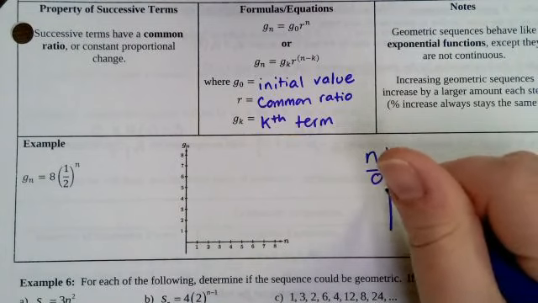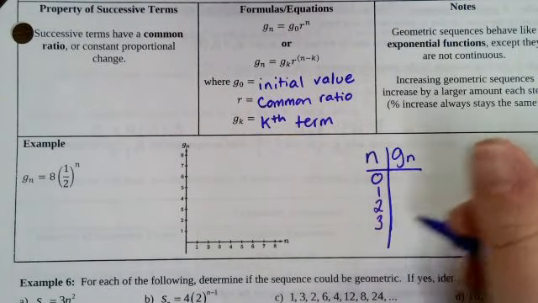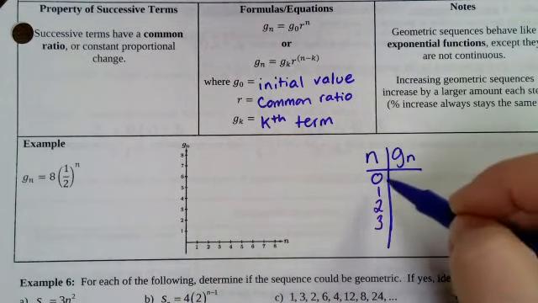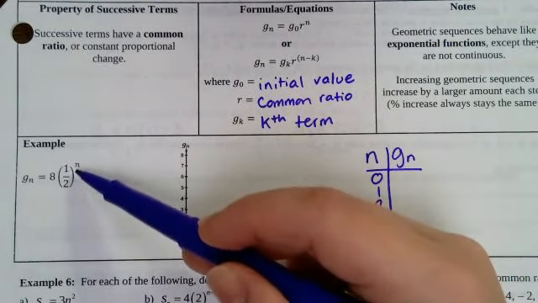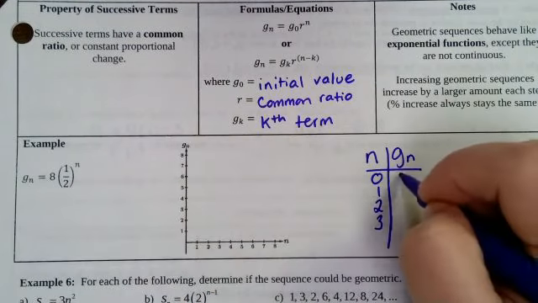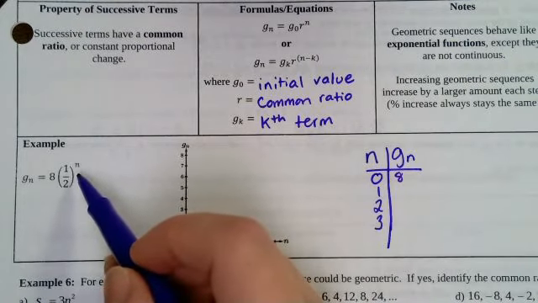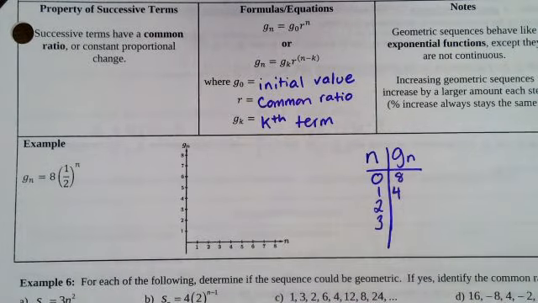We're going to do 0, 1, 2, 3. Start there. If we want more, we can do more. So if I plugged in a 0, anything to the 0 power is going to be 1. 1 times 8, 8. If you plug in a 1, you get 1/2 to the first power, which is 1/2, times 8 is 4.